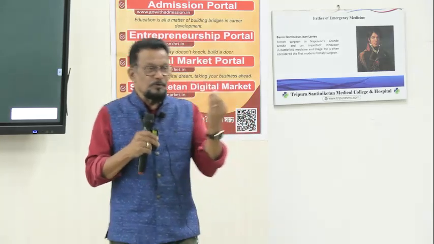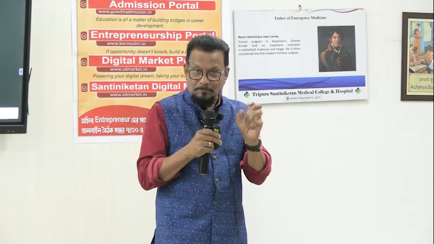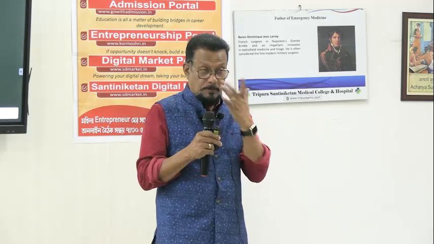And what are these? Our body produces antibodies. These antibodies are normally not made, but during an autoimmune disease, our body produces such antibodies which can destroy the parietal cells.